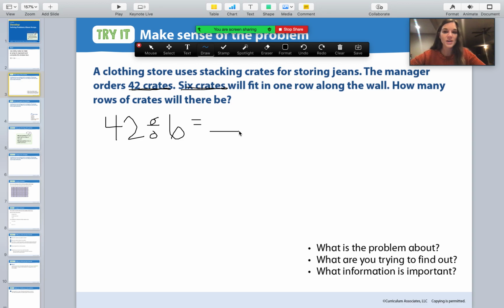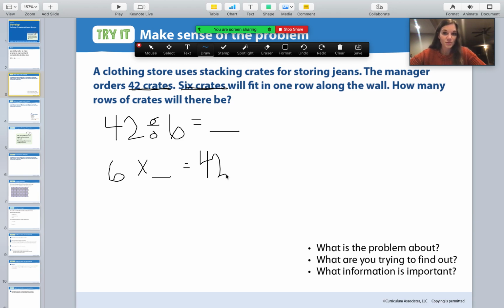If we were to write this in a multiplication equation, though, what would that look like? So it could look something like this. 6 times blank equals 42. So these are the things that we're trying to find.